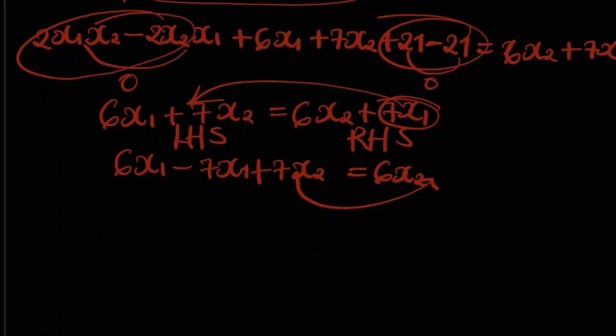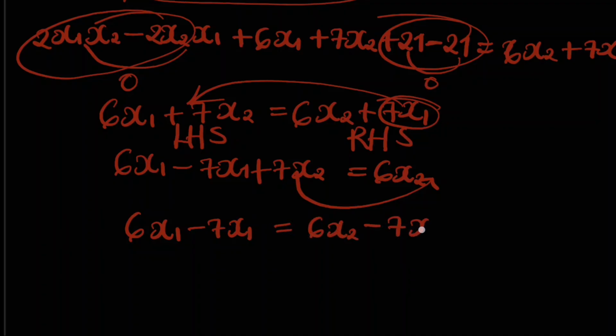So we're bringing like terms together, remember? Okay, so we have 6x1 minus 7x1 equal to 6x2 minus 7x2.